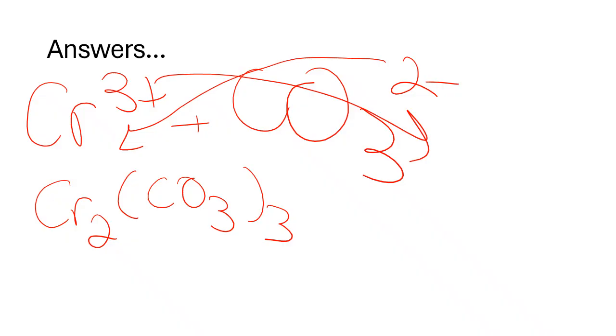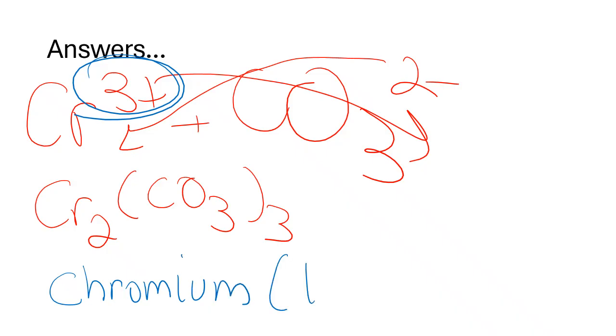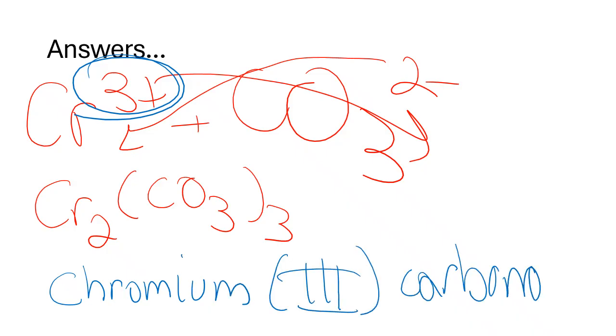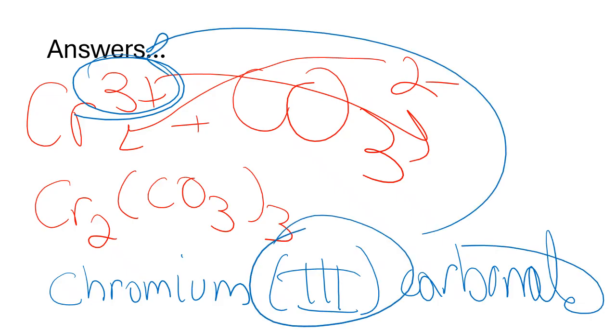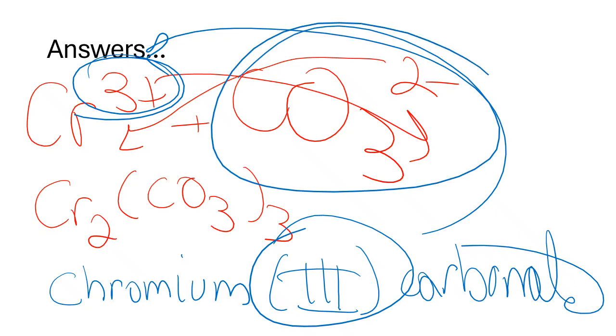Since that chromium is a 3+, which we were told, this has to be chromium(III) carbonate. Hence, again, we're using the Roman numeral to distinguish the charge of the cation. The anion is carbonate, CO3 2-.